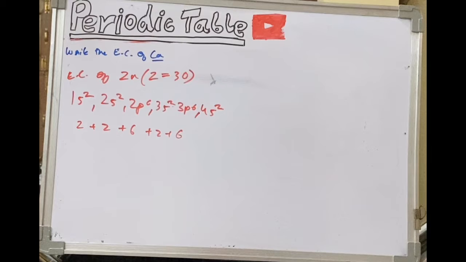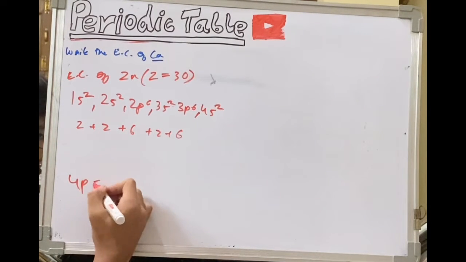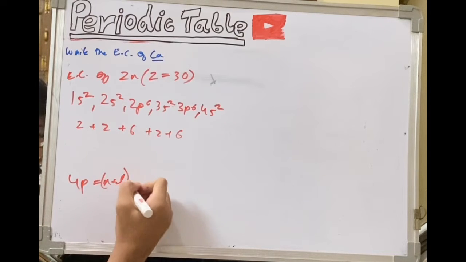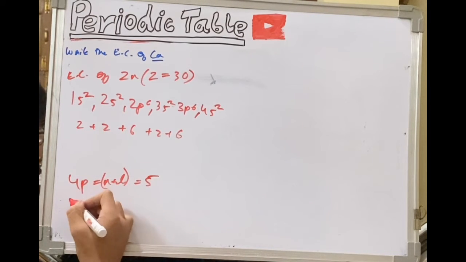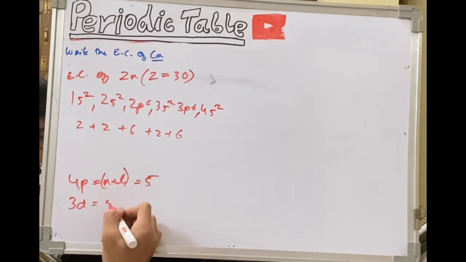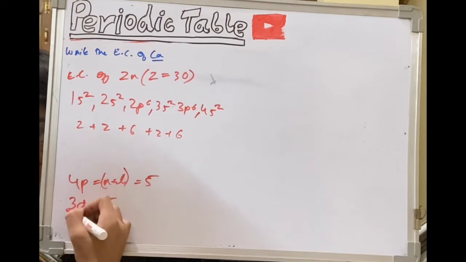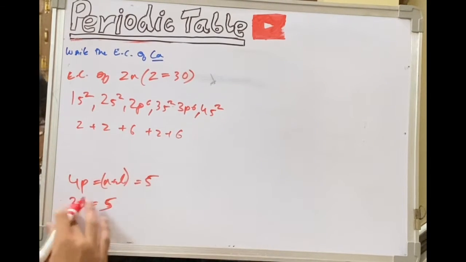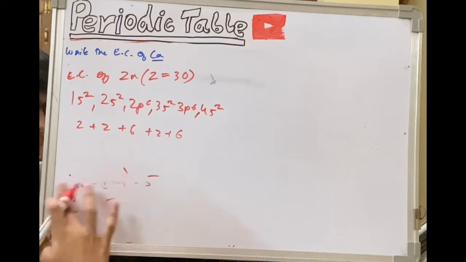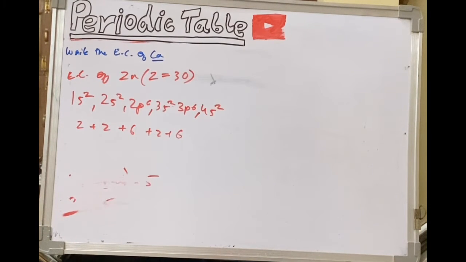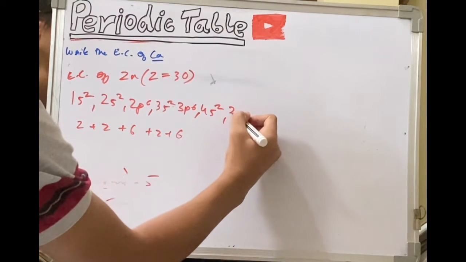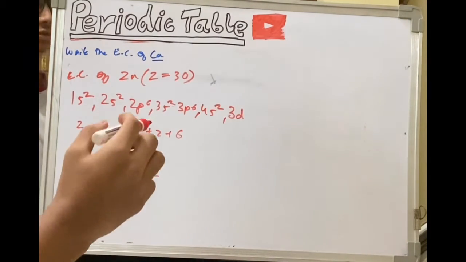Then there was 3d because 4p's n plus l value is 5, whereas for 3d it is also 5, but the n is less. So we'll take 3d over here, and by the Aufbau principle we take the subshell which has lower energy, so it will be 3d. How many electrons do we need right now?